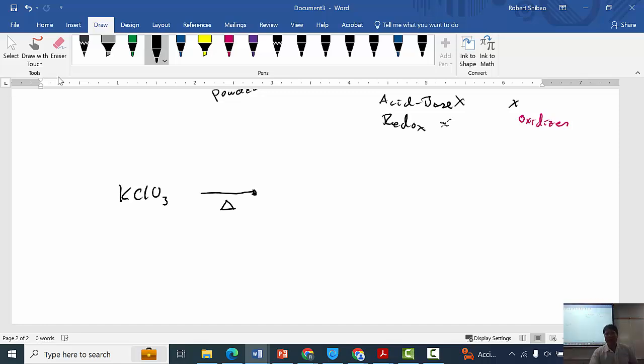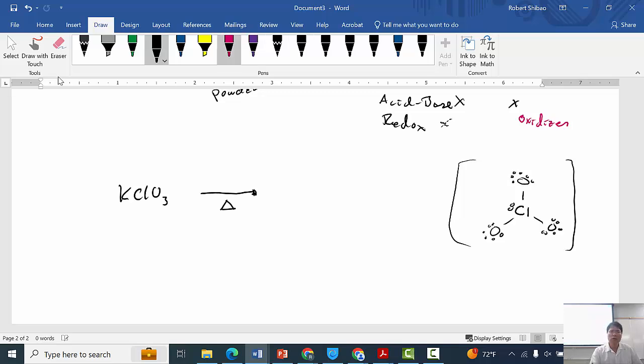When we look at chlorate, chlorine's in the center, and then we can have oxygens like this. So we could draw this with an octet on the oxygens, and that leaves a lone pair on the chlorine. The only problem with this particular structure are the kind of high formal charges. When we look at the formal charges here, each oxygen will have a negative formal charge, and the chlorine is going to be 1, 2, 3, 4, 5, plus 2.